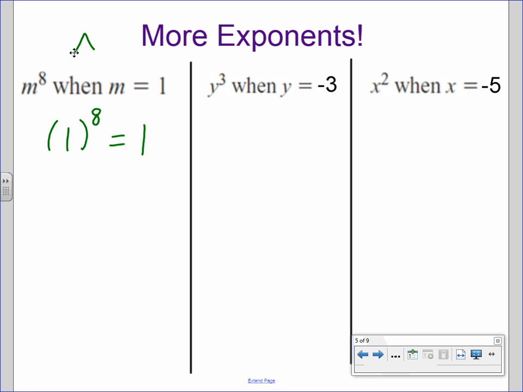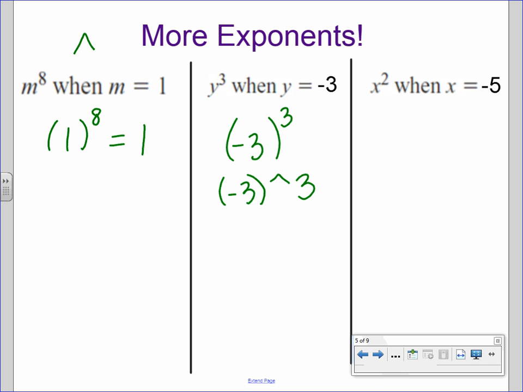Evaluate y to the 3rd when y equals negative 3. So what would I be typing in my calculator? You could write negative 3 times negative 3 times negative 3, or in parentheses, negative 3 to the 3rd power. This is what it would look like in the calculator.